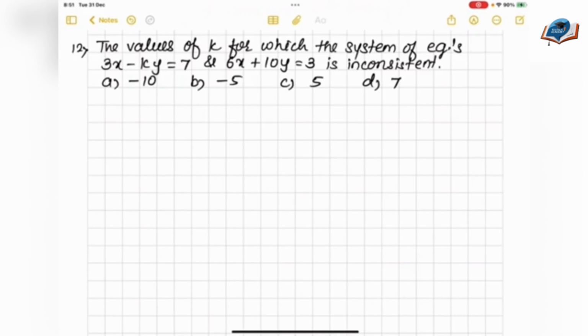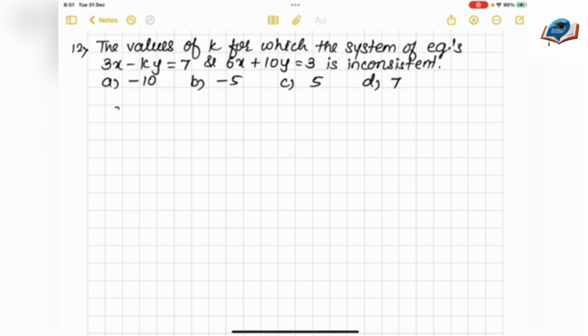Next question is the values of k for which the system of equations 3x minus ky equal to 7 and 6x plus 10y equal to 3 is inconsistent. A minus 10, B minus 5, C 5 and D 7.